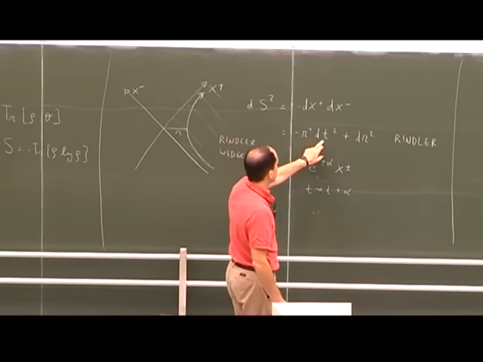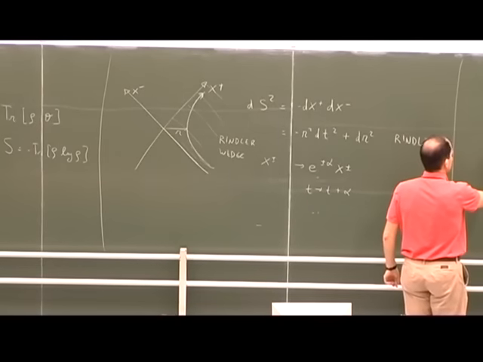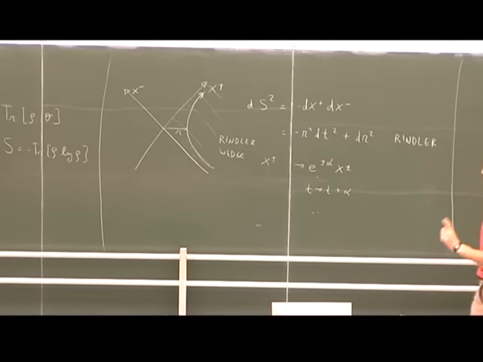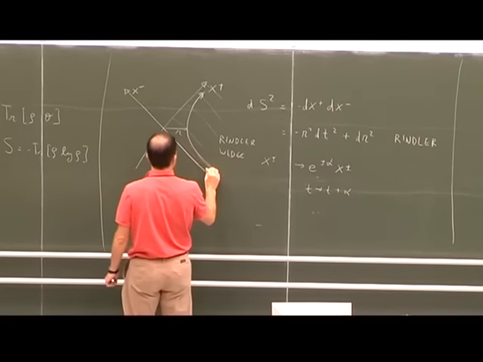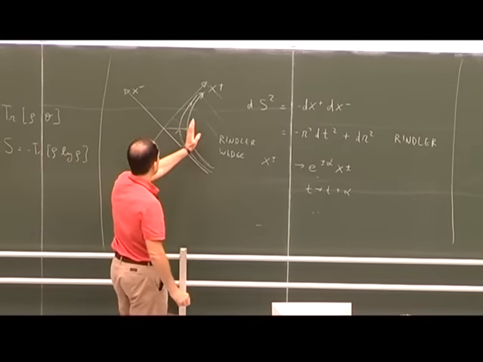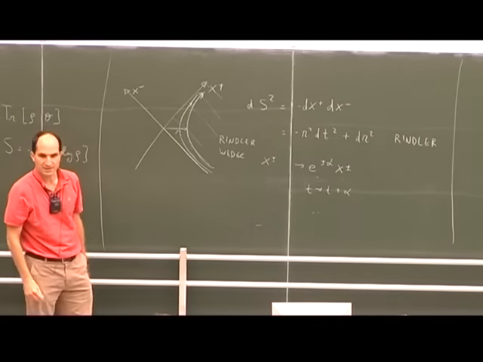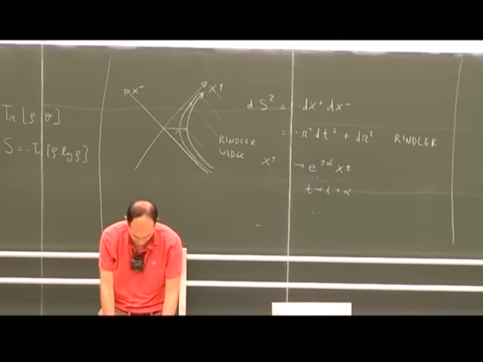So in a situation like this, different observers see different proper temperatures. An observer following this trajectory, which is closer to the origin, would actually see a higher temperature, as given by that formula.